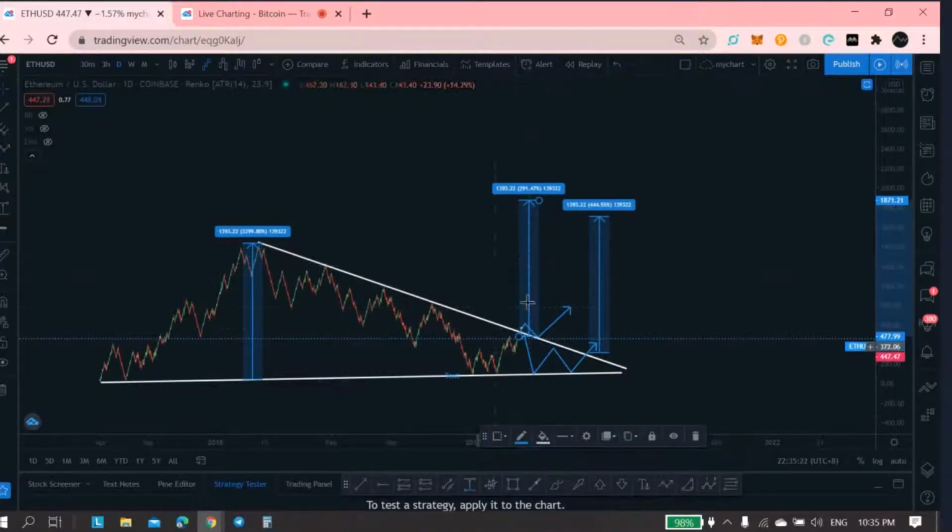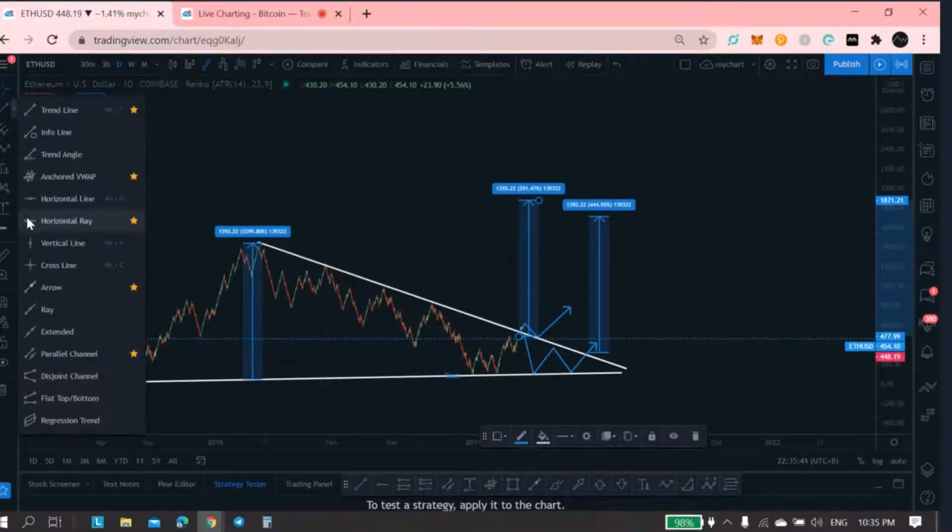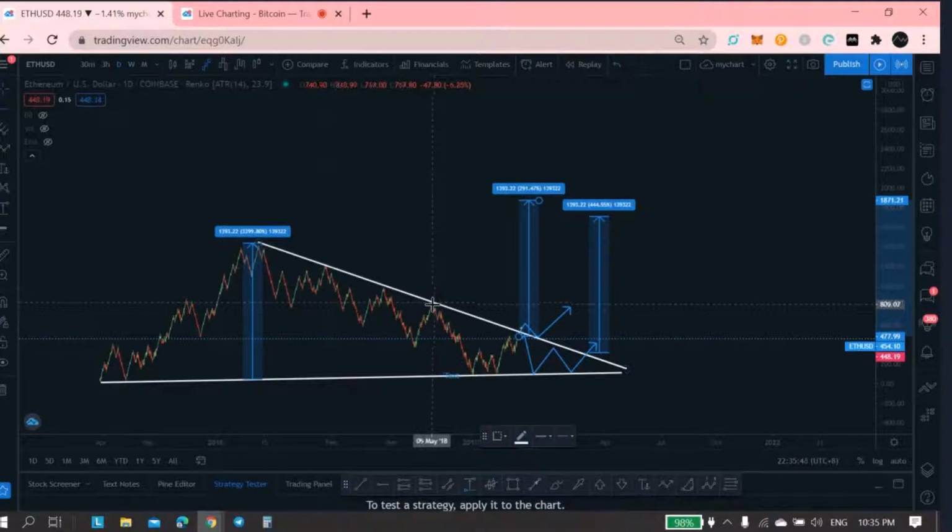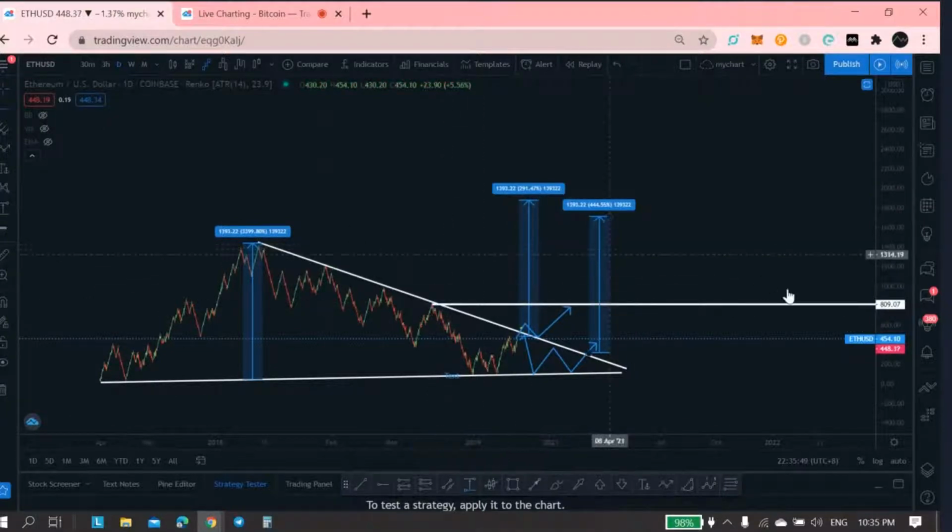So let's see. The major thing is of course if it breaks this resistance area. But of course before it reaches here, it needs to break out this other key resistance area, which is possibly this one, the next key resistance around 800 area.